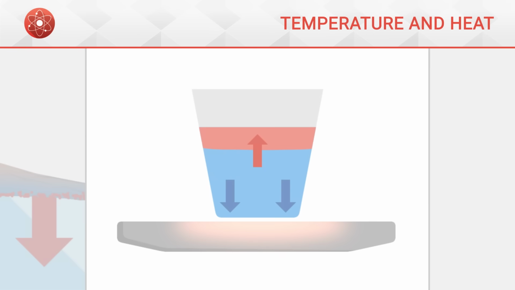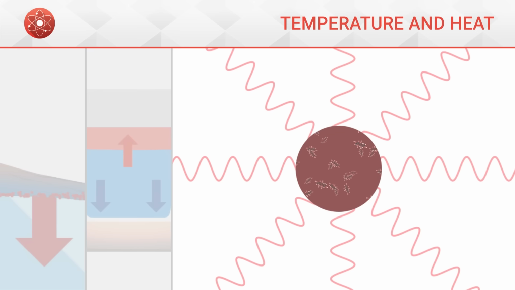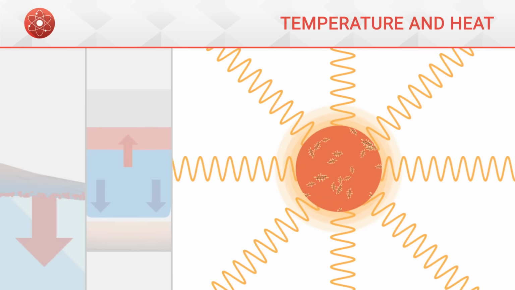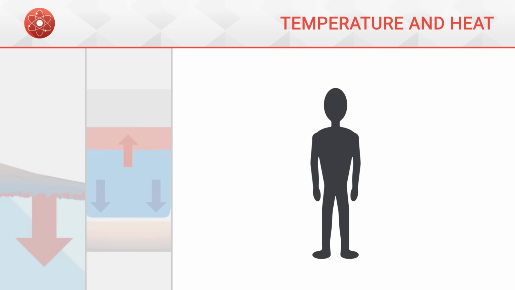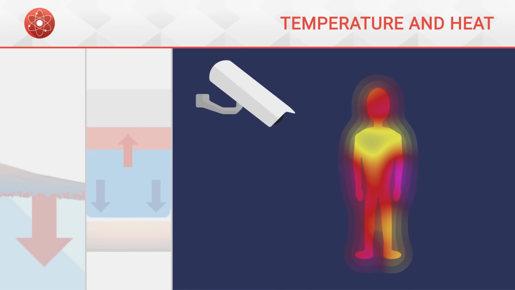Finally, all objects convert a part of their internal agitation into electromagnetic energy, that is, radiation. The hotter the object, the more energetic the radiation. For example, our human body, which is not very hot, emits infrared light, which is not visible to the naked eye but can be detected by thermal cameras.